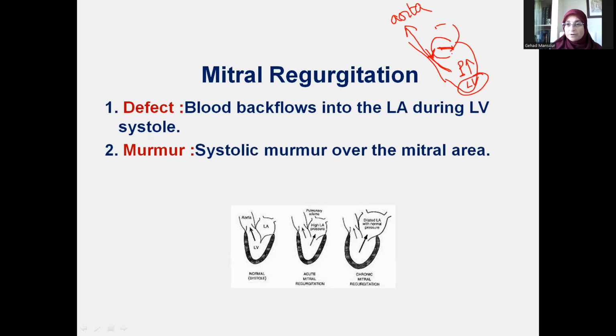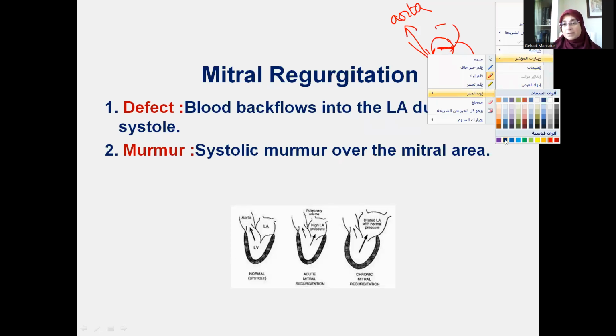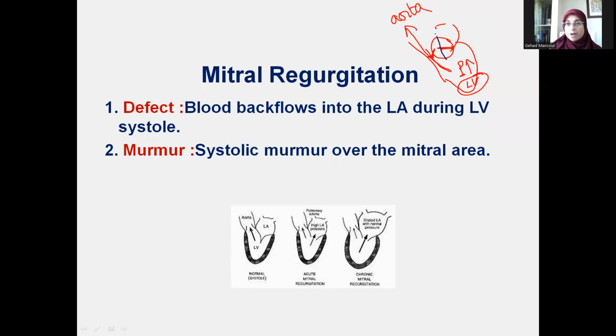So if the mitral valve is not perfectly closed, then there will be regurgitation of blood, meaning backflow of blood from the left ventricle to the left atrium, and this, of course, will diminish blood flow in the aorta.